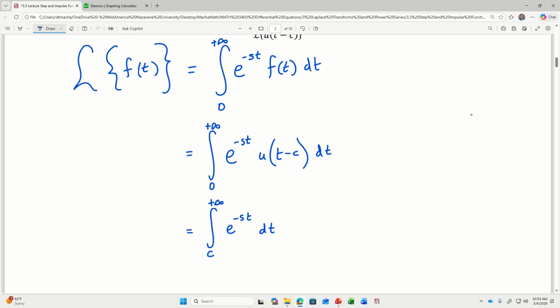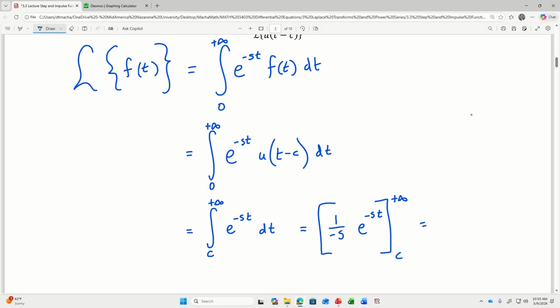So then we take the antiderivative of e to the negative st, and that's going to be 1 over negative s times e to the negative st, and you plug in the bounds. We take the limit as t approaches infinity, and then we plug in t equals c, and then we subtract what we get.